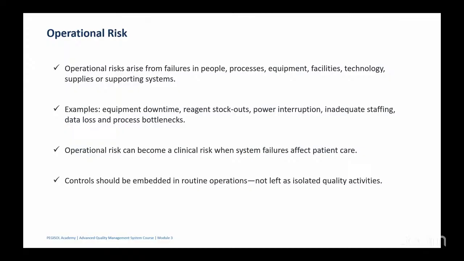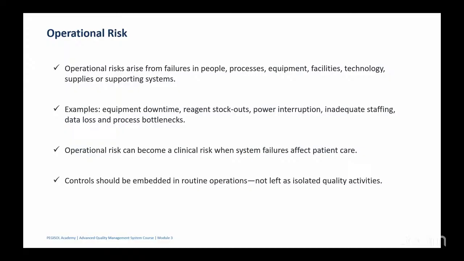So let's look at operational risk. Operational risk arises from failure in people, processes, equipment, facility, technology, supplies, or supporting systems. Examples: equipment downtime, reagent stock-out, power interruption, inadequate staffing, data loss, or process bottlenecks. All these things fall under what?